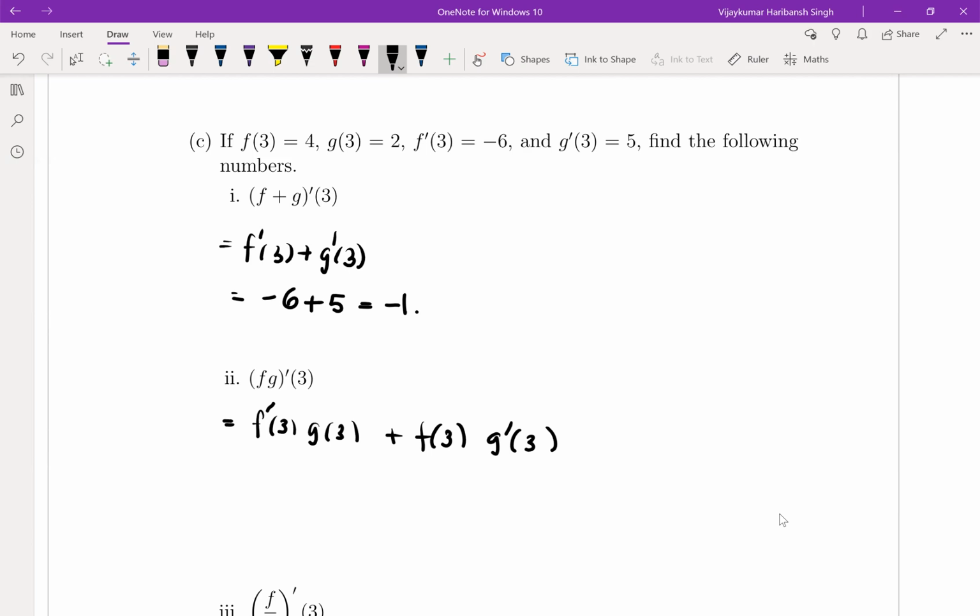Yeah. So now again, we have to substitute the values given to us. F prime of 3 is minus 6. G of 3 is 2. F of 3 is 4. And g prime of 3 is going to be 5. So what do we get in this case? Minus 12 plus 20, which is going to be 8.